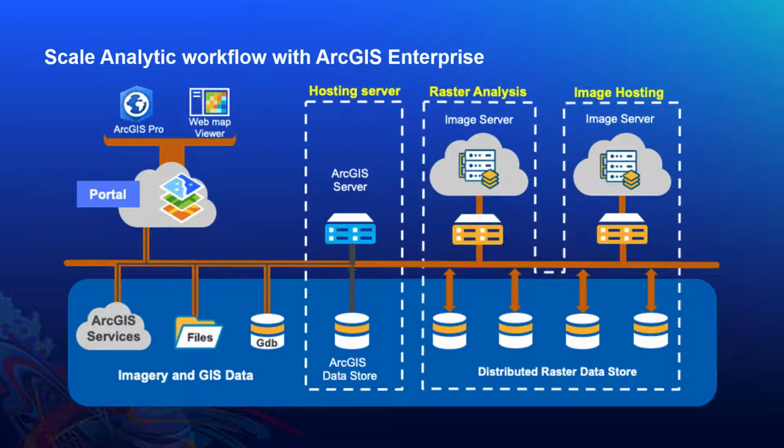And you can also configure an additional image server that is used to serve the hosted image services. With this kind of configuration, you can designate the raster analysis image server to perform distributed raster analysis utilizing multiple server nodes by using the input image service from the image hosting server or the feature data from the hosting server.